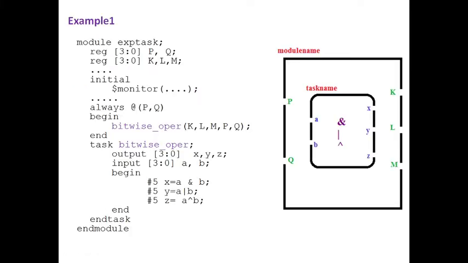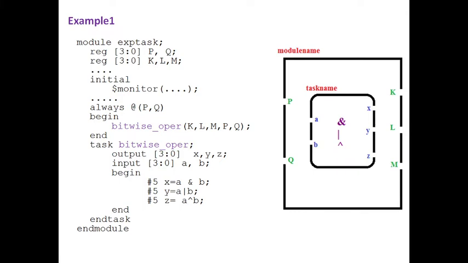So this is the best example I can give for a good explanation of the usage of a task. Here I have a module, and the name of the module is exp task. Inside the module I have a task block.